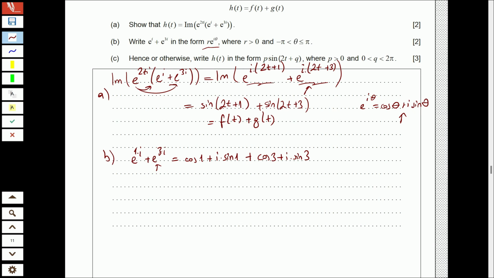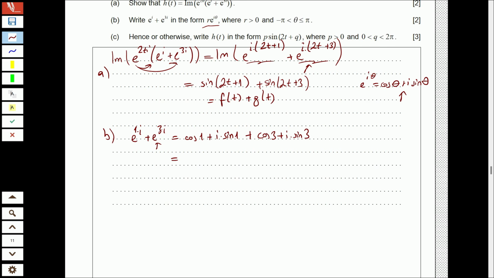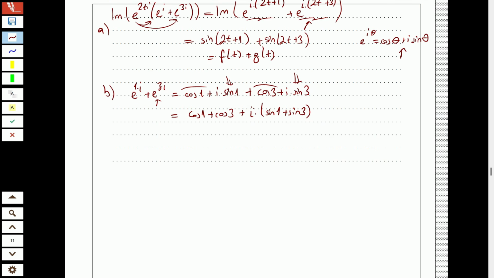Combining, the cosine part will be the real part, and the expressions with the coefficient of i will be the imaginary part of this complex number. So I would like to write this again in Euler form. How are we going to write this?